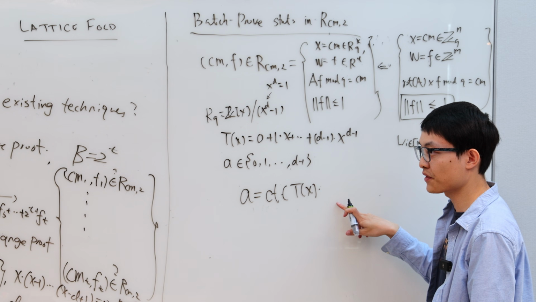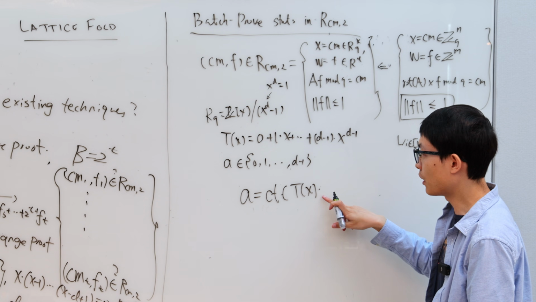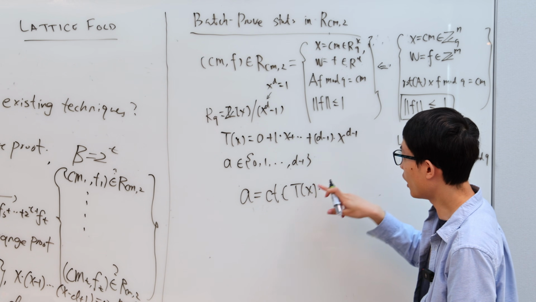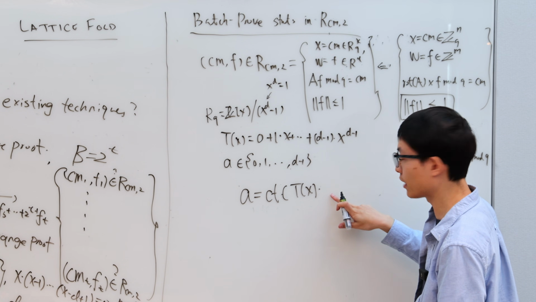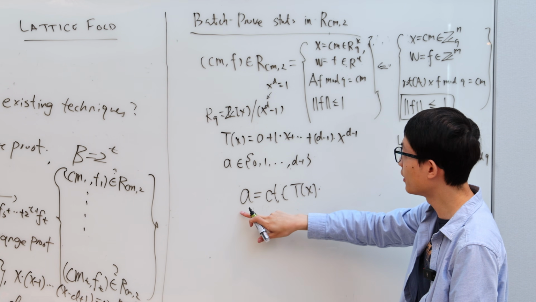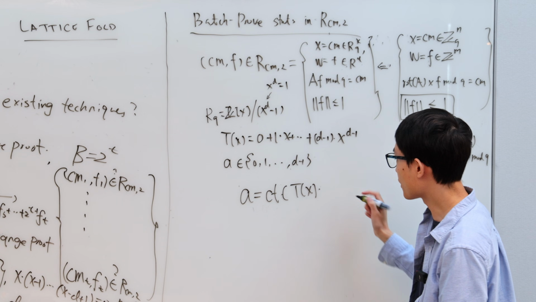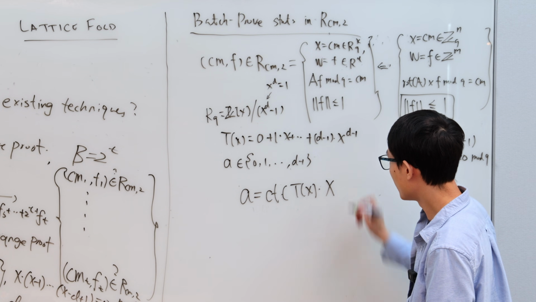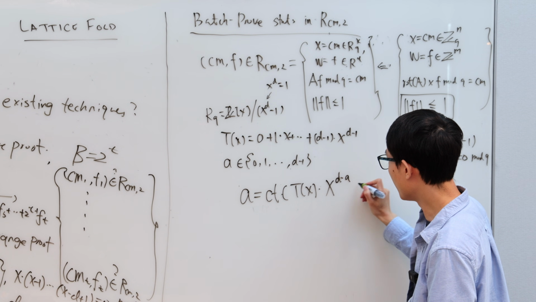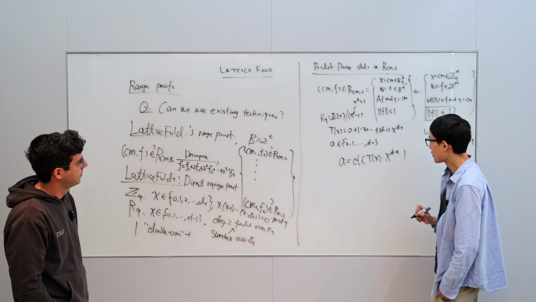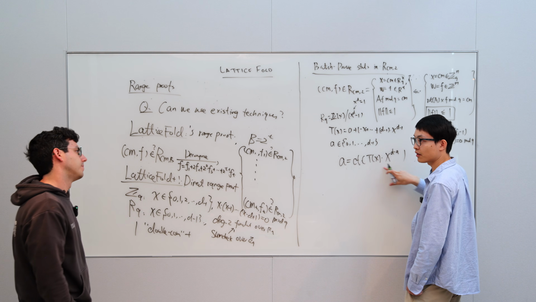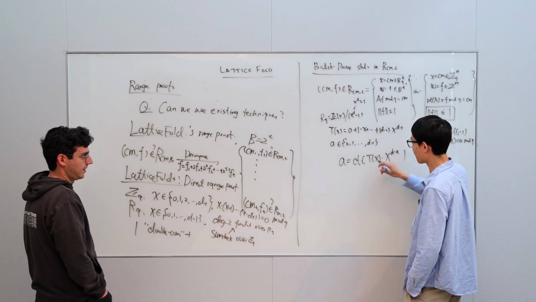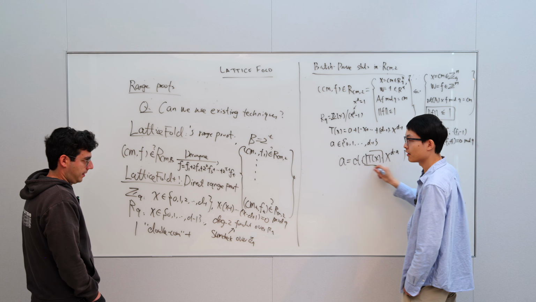What should the something else be? If you want to extract a, how do you multiply the table polynomial T with another polynomial to extract a? The idea is just to multiply by x^(d minus a), right? So you only need to check this single equation, and this is actually not even degree 2, it's linear, because T is some kind of constant.